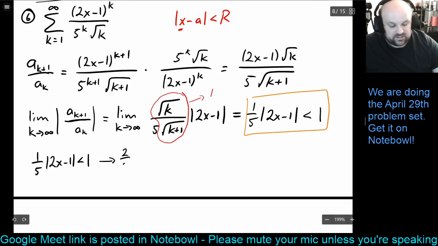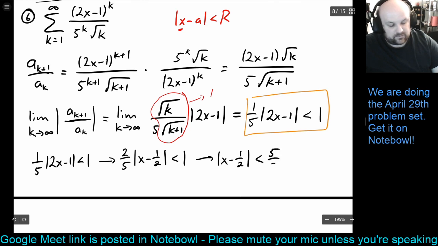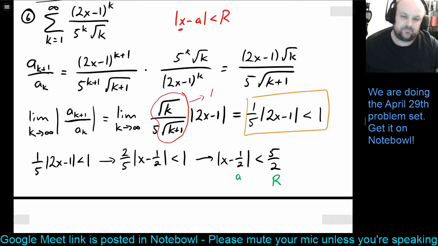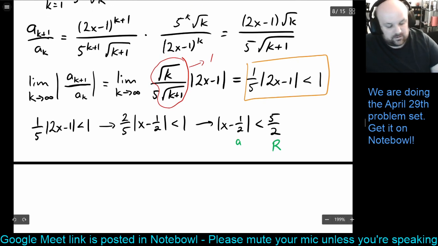So this becomes 2 over 5, absolute value of x minus 1/2, less than 1. And then moving that 2/5 over, you get absolute value of x minus 1/2 less than 5 over 2. So here, your center is actually 1/2, your radius is 5/2. So radius of convergence, 5/2.